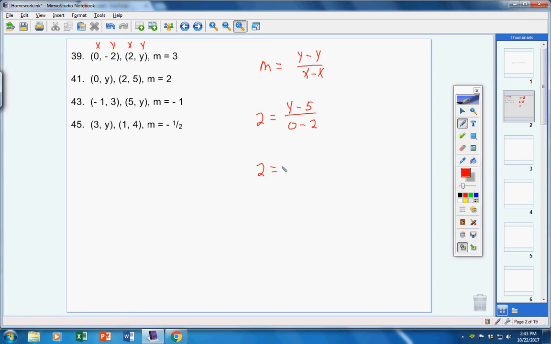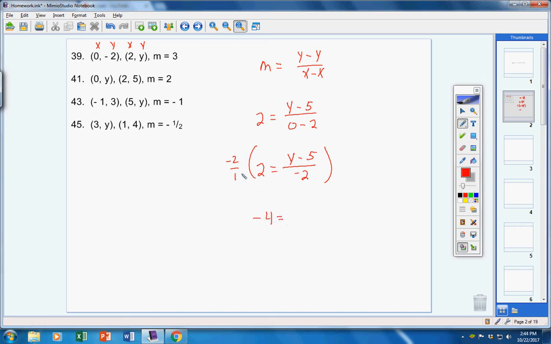There's nothing I can do with a 2. There's nothing I can do with y, negative 5. However, 0 minus 2 is negative 2. So I can simplify this. Next, eliminate your fractions. Multiply the entire equation by negative 2. Negative 2 times 2, negative 4.